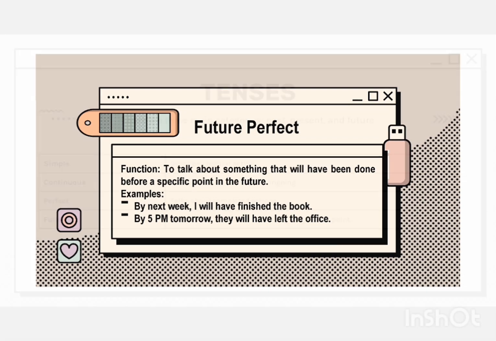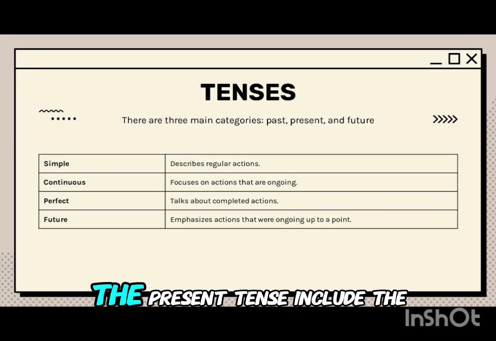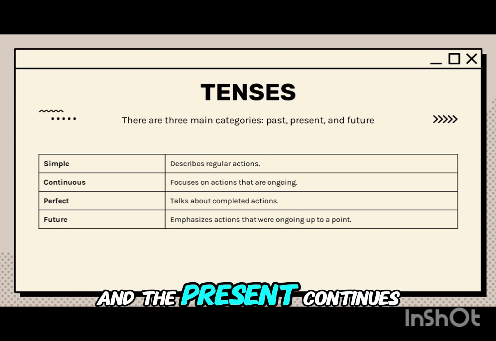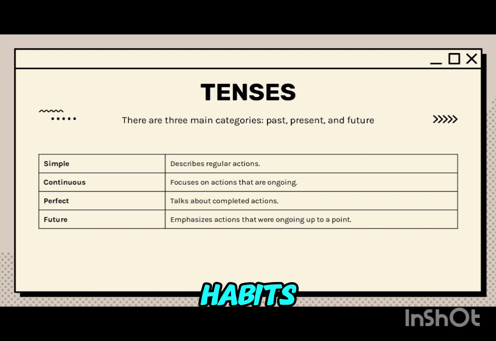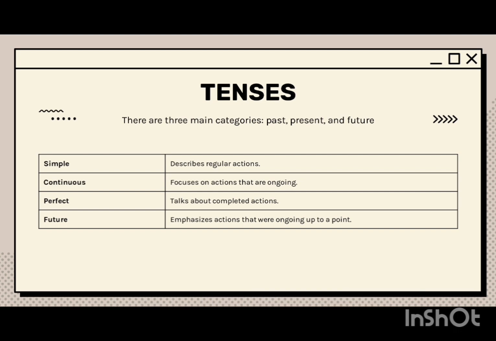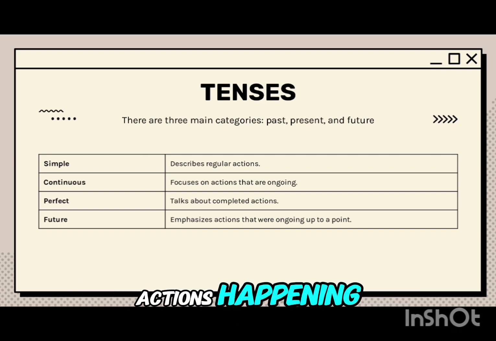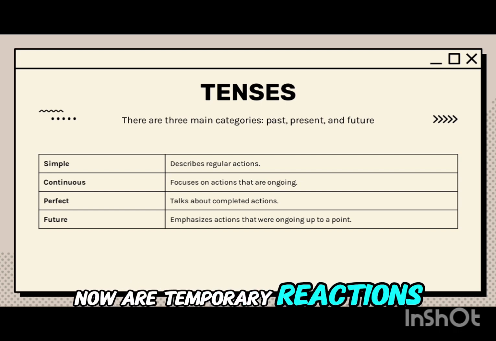So, for the summary of tenses, as we know, the present tense includes the simple present and the present continuous. The simple present describes habits, general truths, or scheduled events. And the present continuous describes actions happening now or temporary actions.